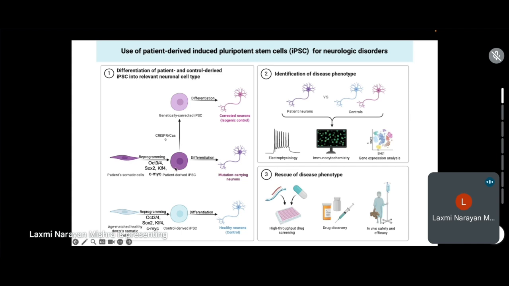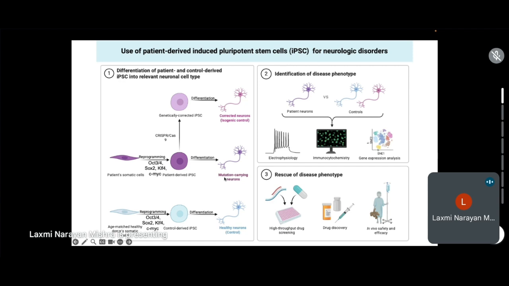These are transcription factors, and they give rise to patient-derived iPSCs. Now whomever we want to treat, we are getting cells from those individuals only. We are not generating a common platform of iPSC here. We are going towards a patient sample. So we have patient-derived iPSCs, and we can differentiate them into neurons. So these neurons will have the mutation.